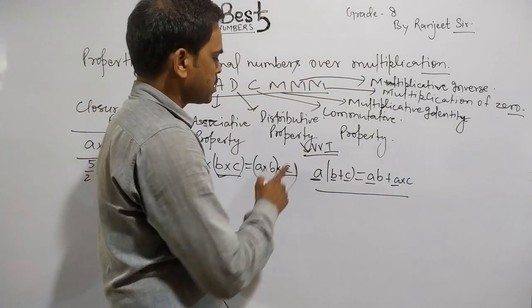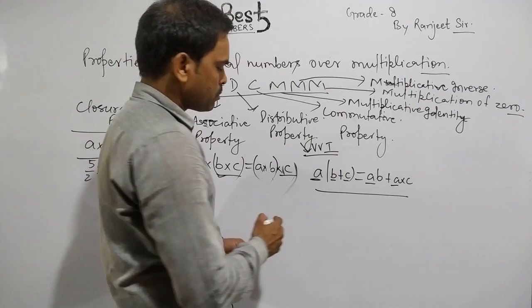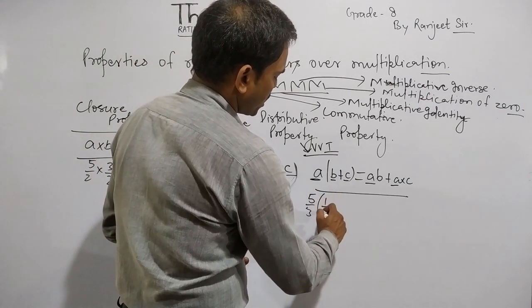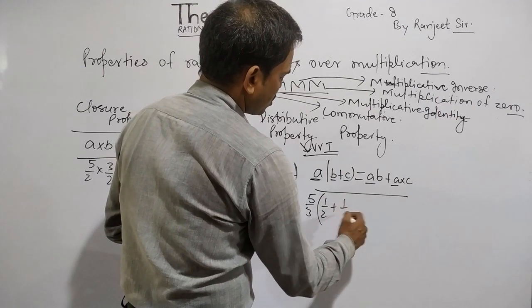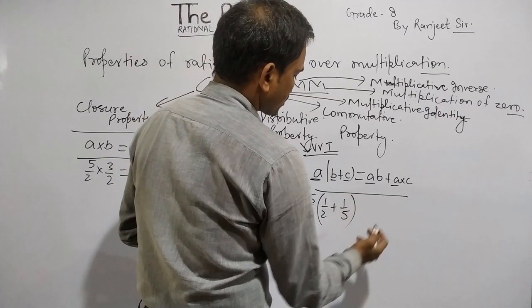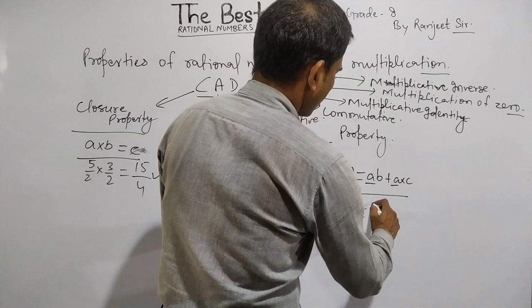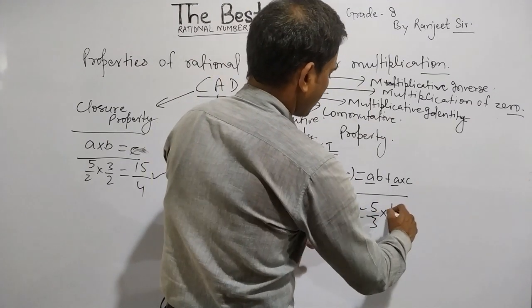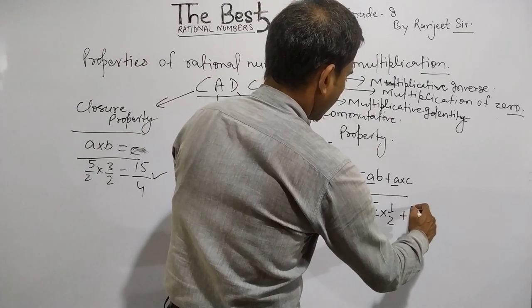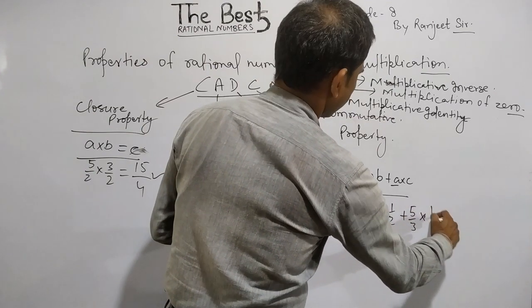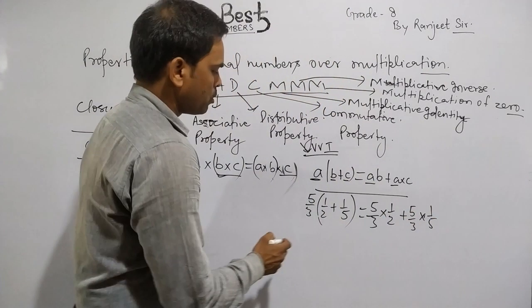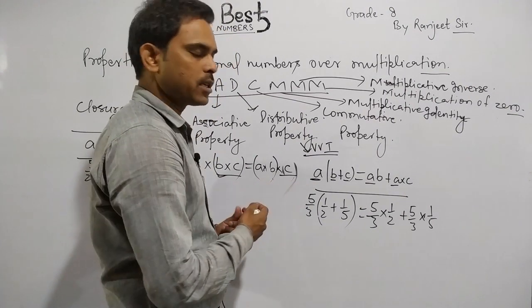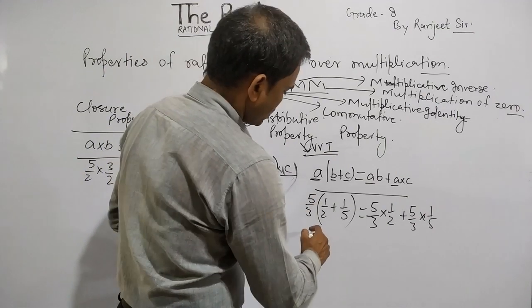For this, as it is VBI, I take an example also. 5 by 3 inside 1 by 2 plus 1 by 5. On this side, 5 by 3 will be distributed with 1 by 2, and 5 by 3 will be distributed with 1 by 5 also. So now in LHS and in RHS we will do the calculation. I will check whether we are getting the same result or not. So let's see.